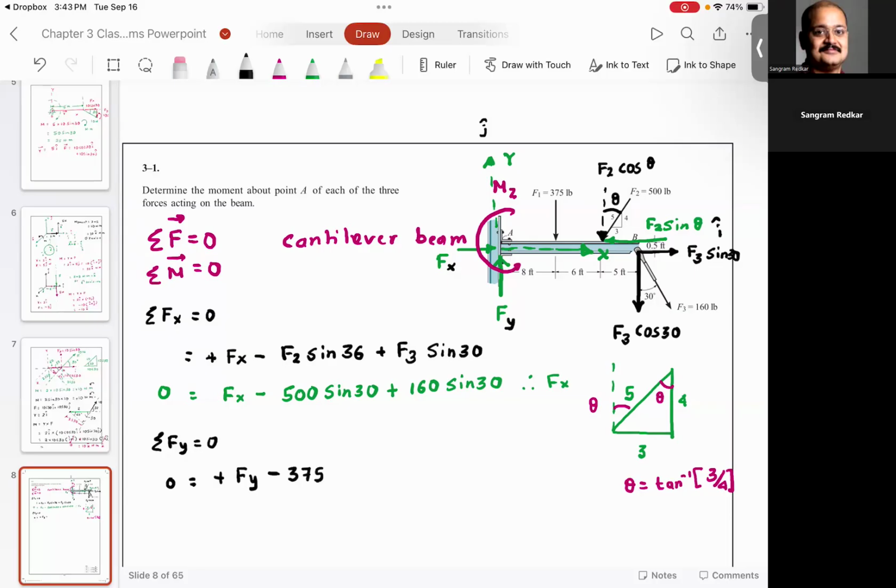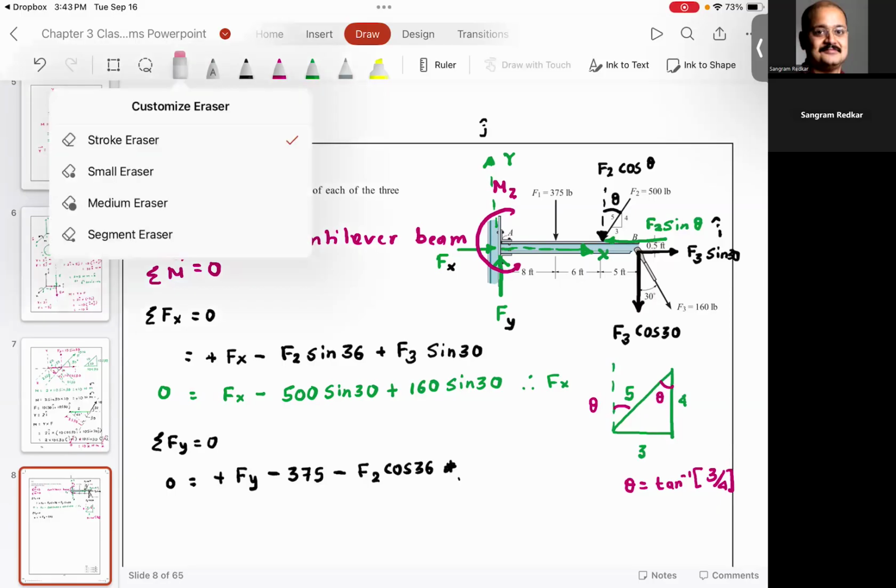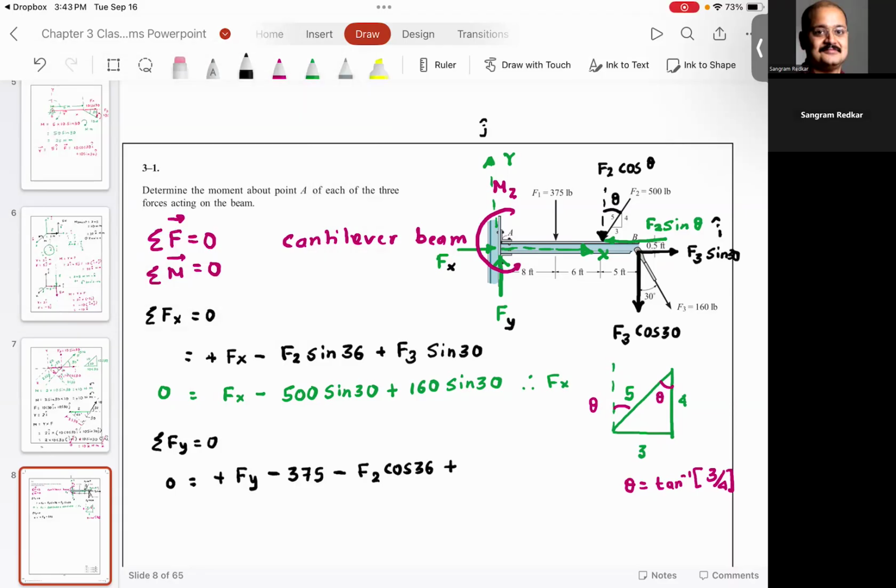Then you are going to have F2 cosine 36. And then you are going to have minus F3 cosine 30.